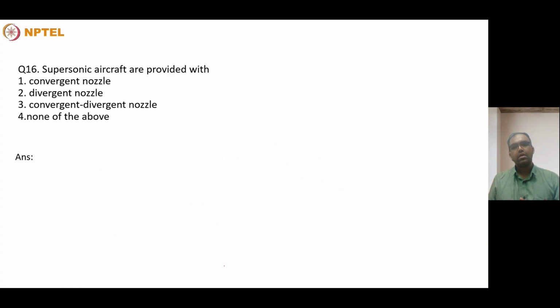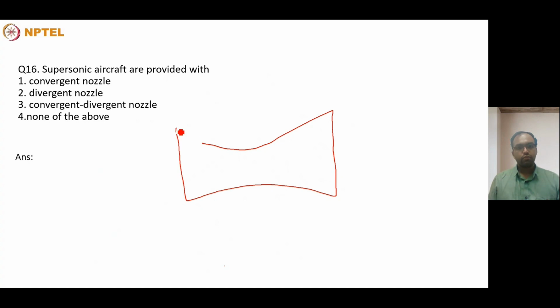Supersonic aircraft are provided with convergent nozzle, divergent nozzle, convergent divergent nozzle, none of the above. We have seen in the previous analysis for a ramjet or a scramjet, the inlet Mach number will be greater than 1.